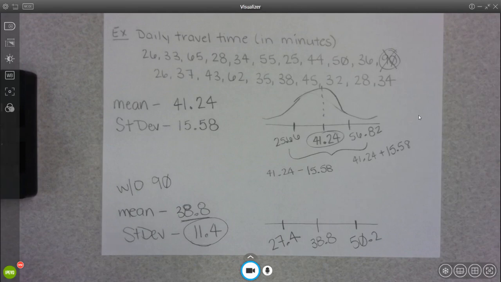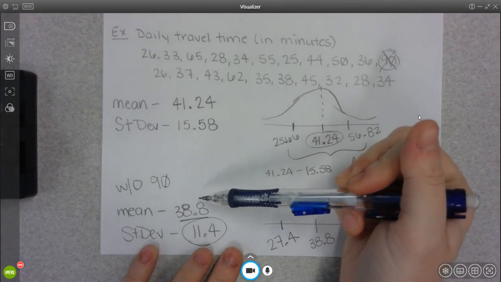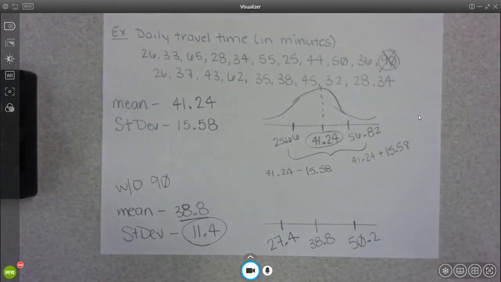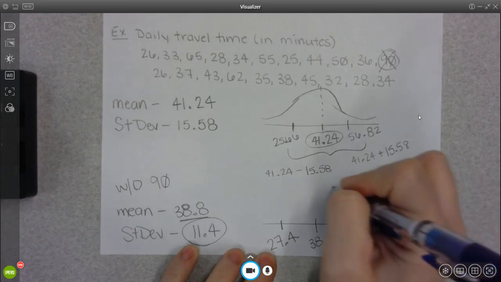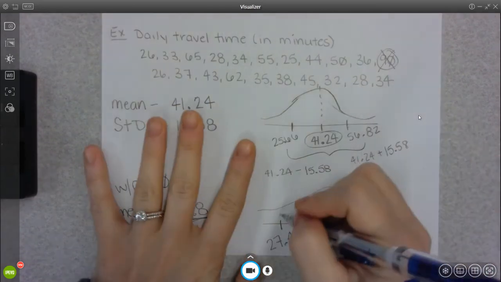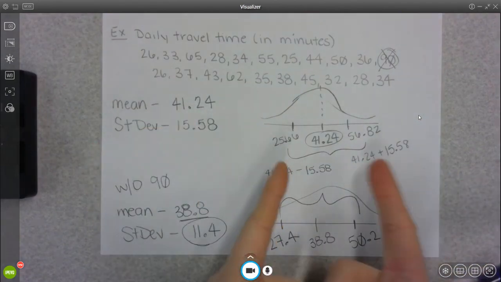Now I know it doesn't look that drastic here. 38 and 41 in the grand scheme of things aren't that far apart, but that is a big change when I talk about taking out just one number. So now if I look at my curve, my numbers are smushed closer together because this is a smaller range than here.